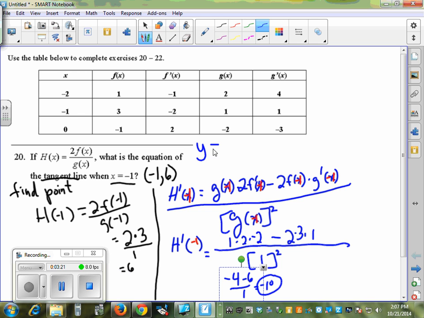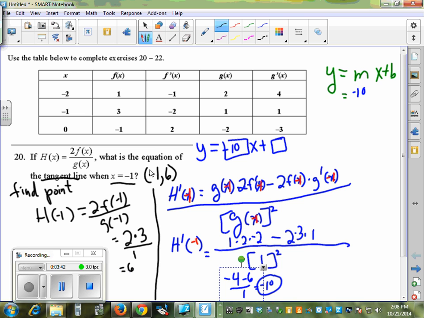So we're looking for y equal to -10 x plus b. Now let's go back to 9th grade and finish up by finding b. Our slope, we found that is -10.